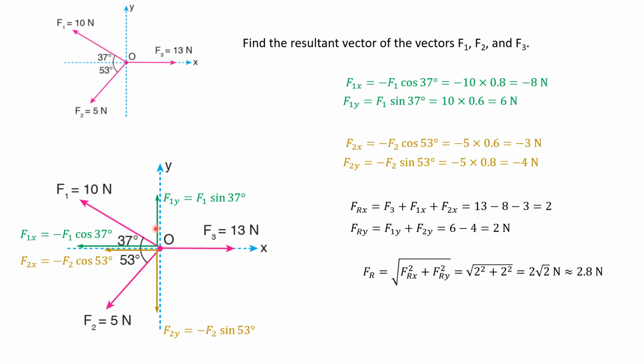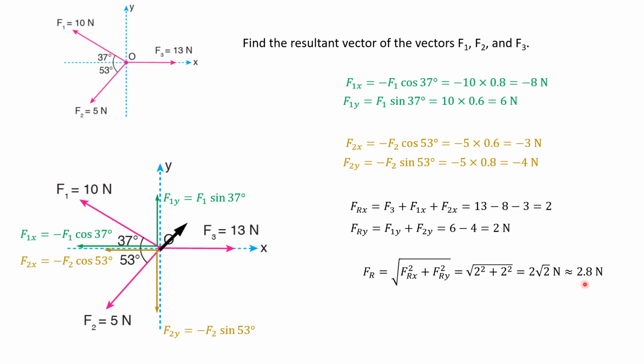So you have a vector whose x component is 2 newtons in this direction, and y component is 2 newtons in this direction. So the resultant vector should be in this direction and should make a 45 degree angle with its components. So this is going to be your resultant vector, right? This is 2 newtons, this is 2 newtons, and by the Pythagorean relation you get this to be 2.8 newtons. That means this angle is 45 degrees.